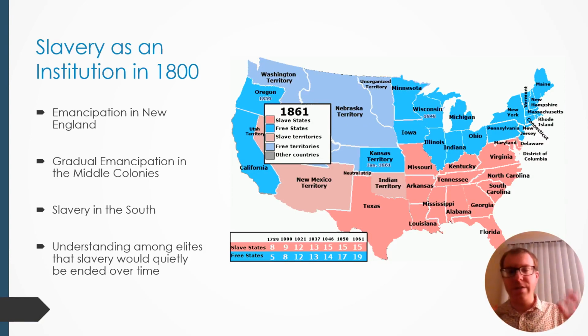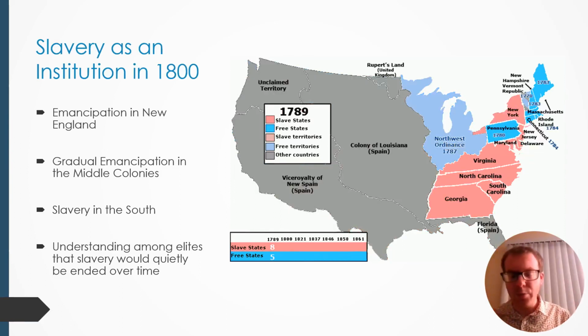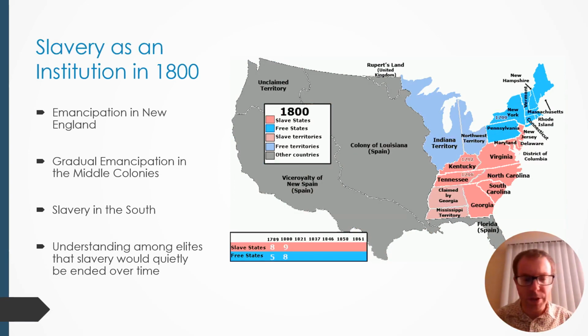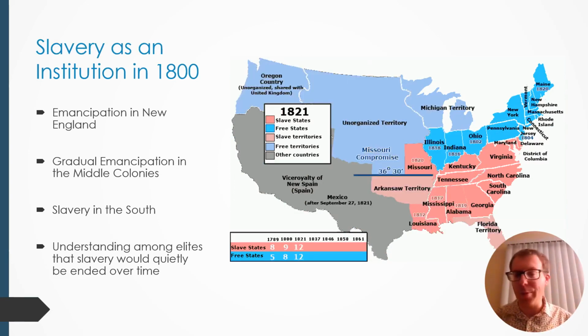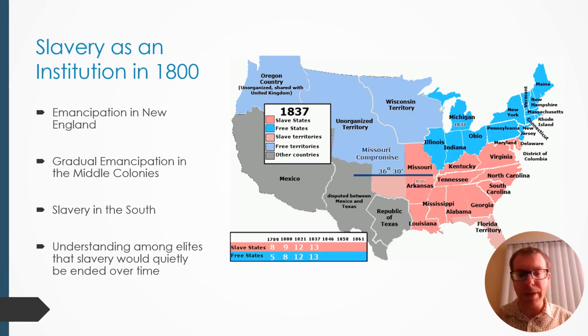But for the most part, in New England, people are freed pretty quickly, and you have free African American communities in New England towns and cities, and African Americans make up around 5% of the population in New England, and upwards of 10% of the population in Rhode Island.